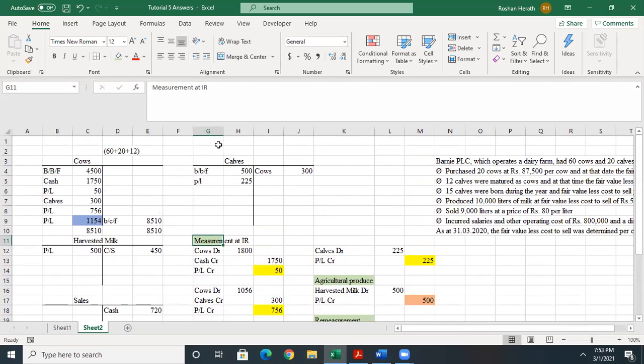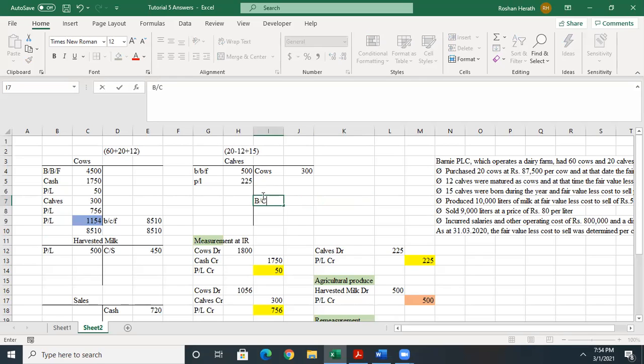Similarly, you can do the same for the calves. You can see that now how many calves are out there. So initially you start with 20 calves. During the period, 12 had become matured and you have taken them out. And during the period, 15 calves were born. Okay, yeah, that's it. So 3 need to be added, it's 23.